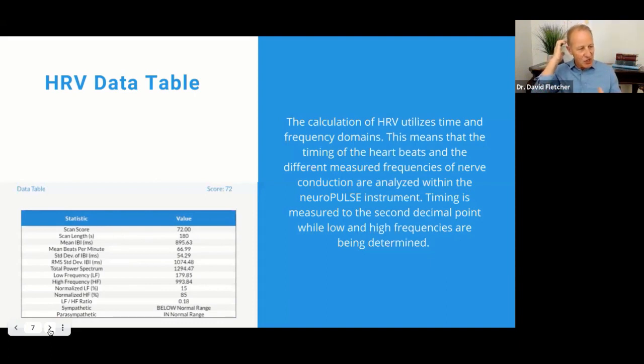Now, it's generally understood that parasympathetic frequencies of that firing fall within a range which is called high frequency. And low frequencies are generally, and I put sort of air quotes on those, described as part of the sympathetic responsiveness. Lots of discussion on that one.